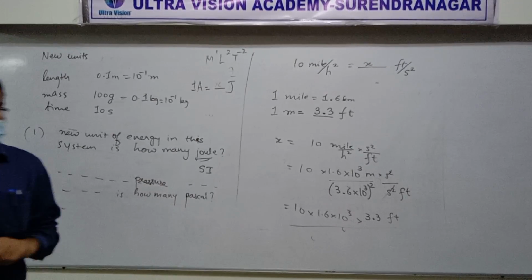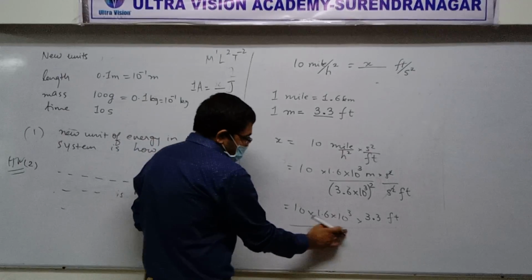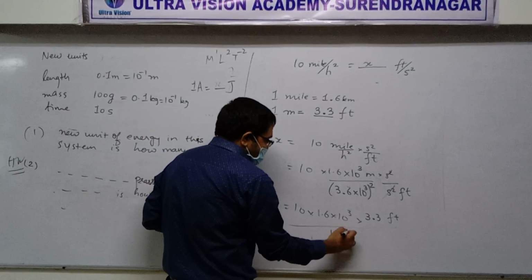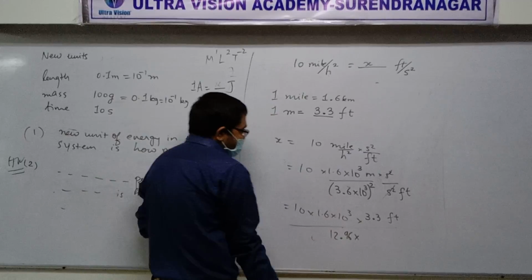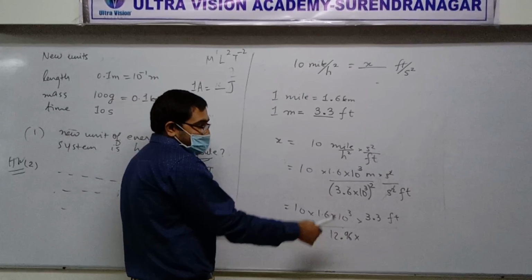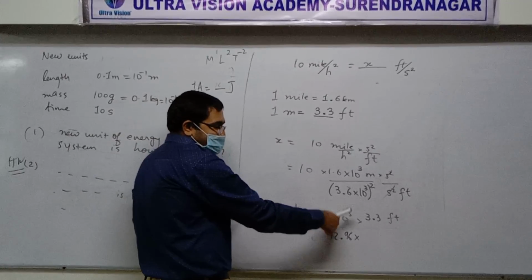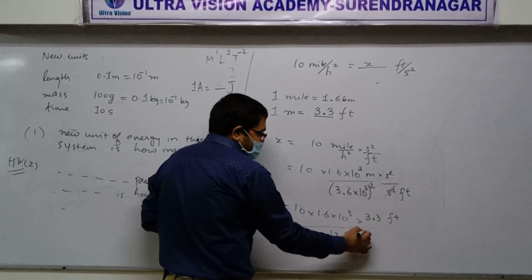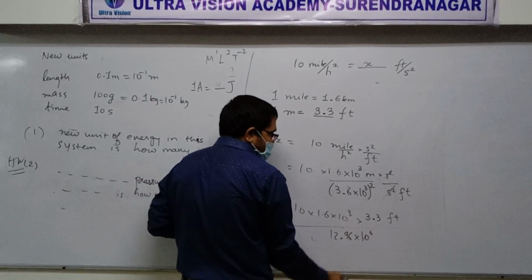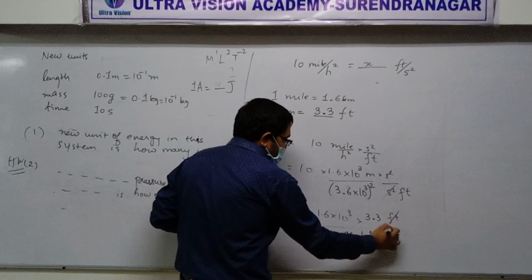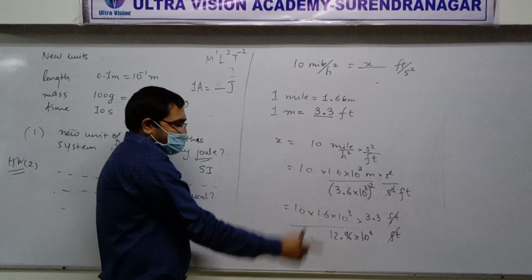That's right. 12.96 into 10 raised to... 3 or 6? 6. Very good. Okay, so foot cancels. Now you have to divide this.